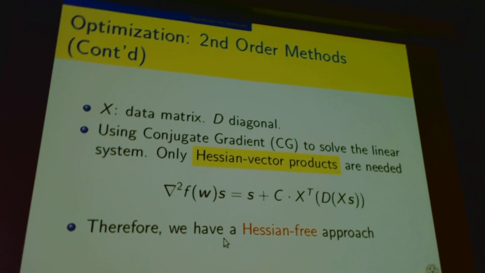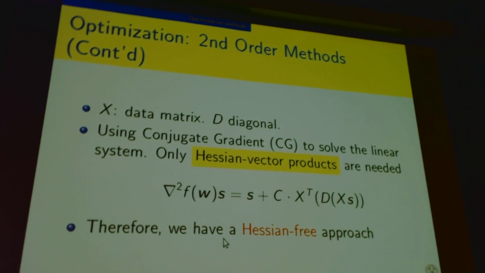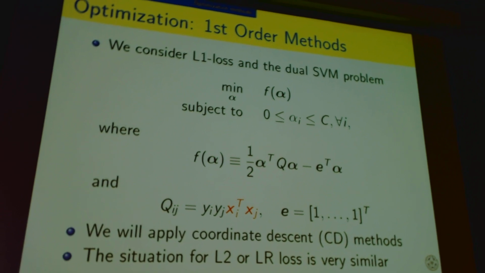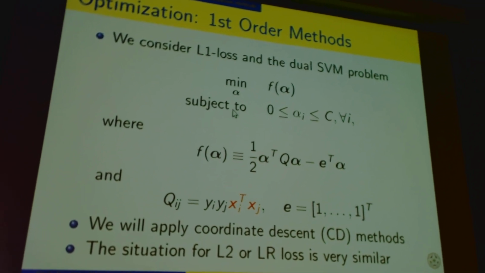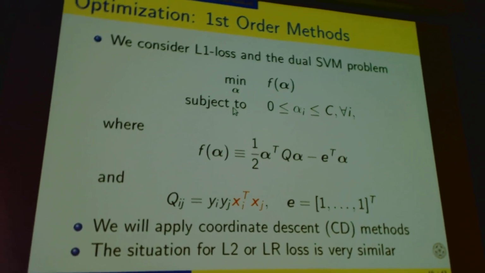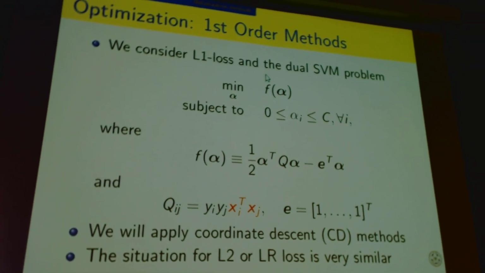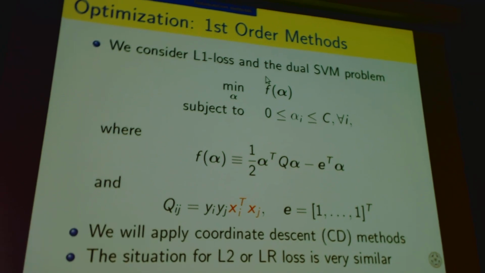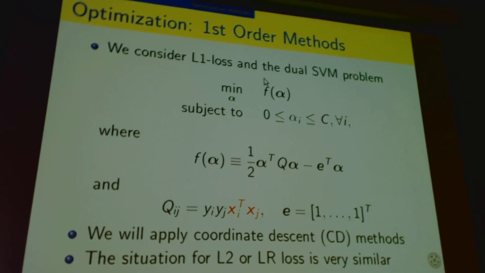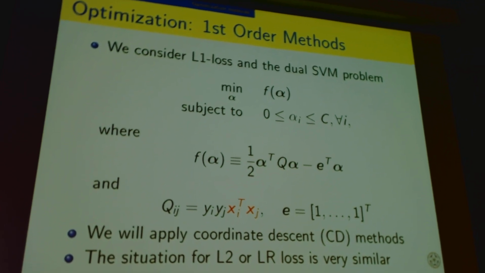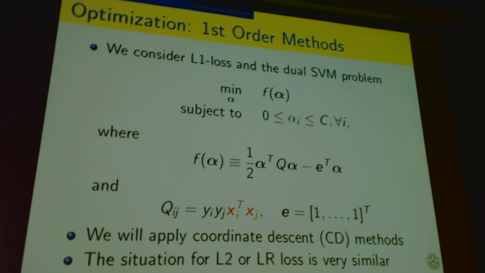So here we have briefly talked about this optimization method of using second-order information. Now let's switch to consider a first-order method. I consider the dual problem of support vector machine. Instead of working on W, we work on the loss coefficients alpha.